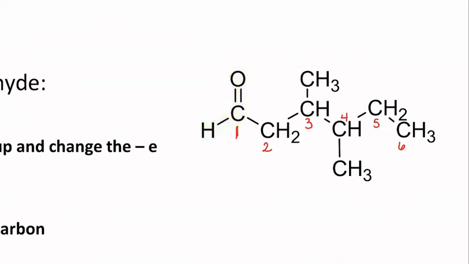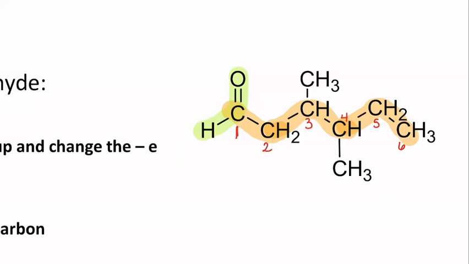Let me just erase, or at least let me just keep this to be consistent with the labeling, but let me just highlight the longest carbon chain here. Now, we have 2 substituents here that are the same.